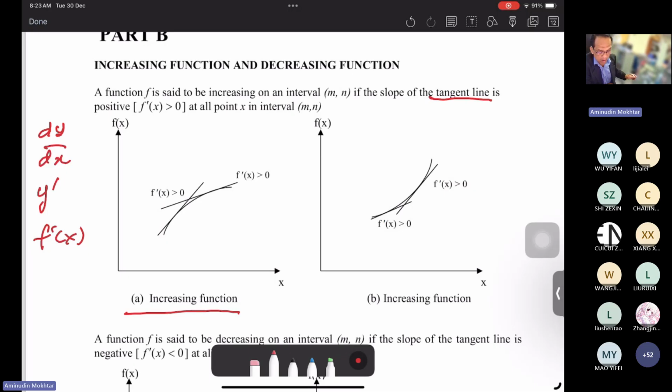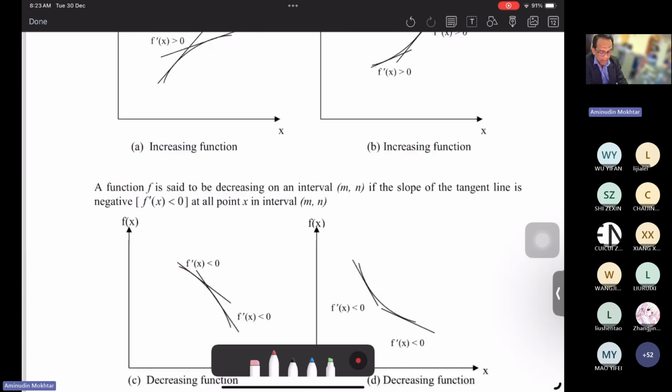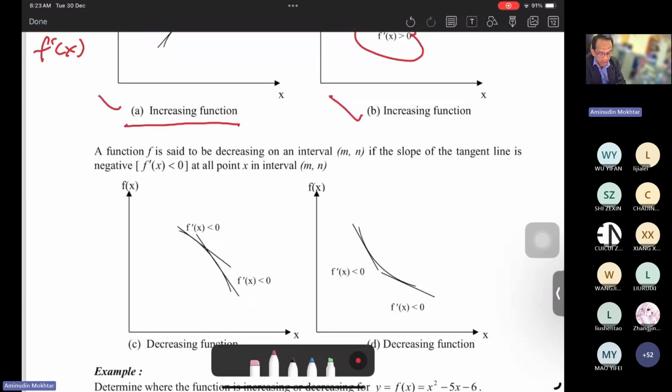As you can see in this graph, graph A and graph B, for this situation all the first derivatives are positive. Okay, and then if the first derivative is negative, the negative value of this dy/dx also refers to the slope of the tangent line being negative.